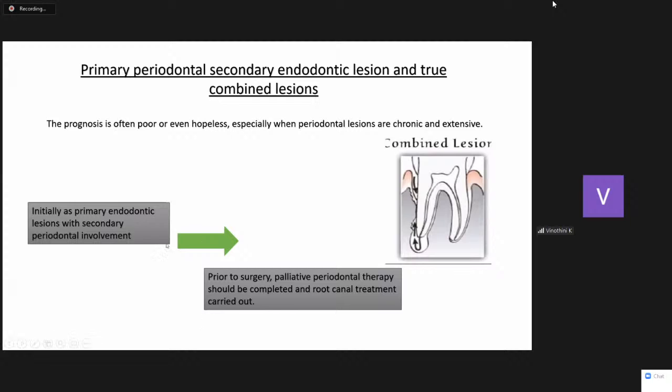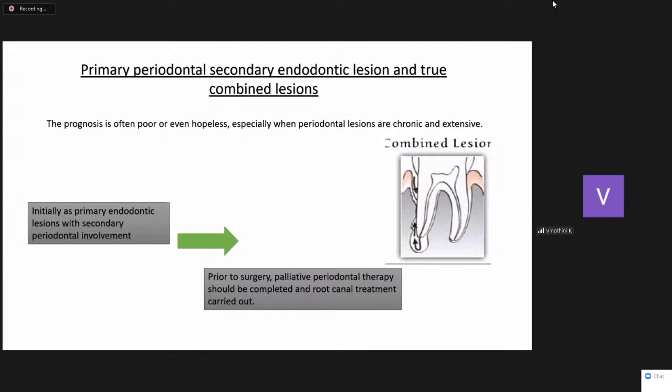Why are we doing endo treatment first, not perio? Suppose we do endo treatment last, after perio treatment. While doing perio treatment itself, we can remove the cementum, etc. That will cause a direct connection between the pulp and the periodontium.